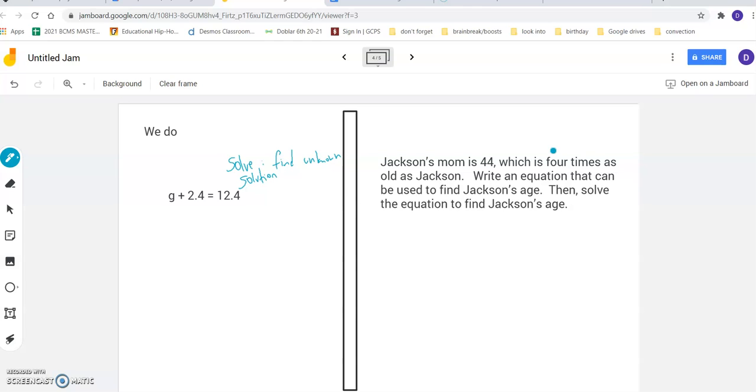So in this, some unknown number plus 2 4/10 equals 12 4/10. I can use common sense to just know that that has to be 10 in this case. 10 plus 2 4/10 is 12 4/10. So that's the solution. And sometimes it's as simple as just looking at it and using common sense to figure out what it is.